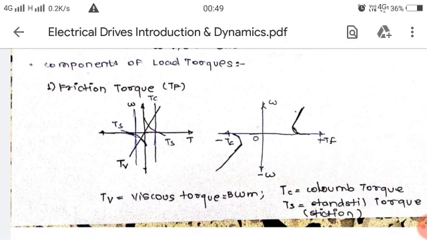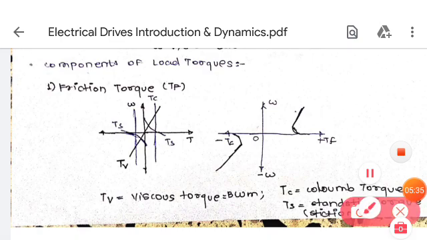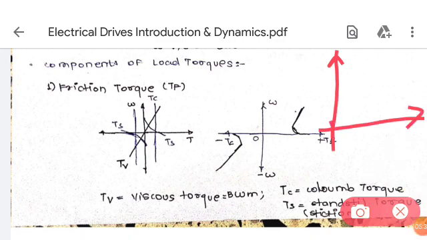And the third one is stiction. As the name indicates, stiction is present only near zero speeds. Again, it changes its direction as the direction of rotation is reversed.